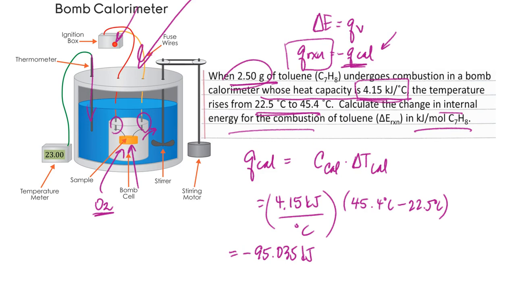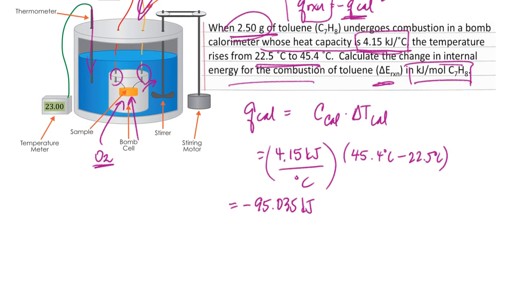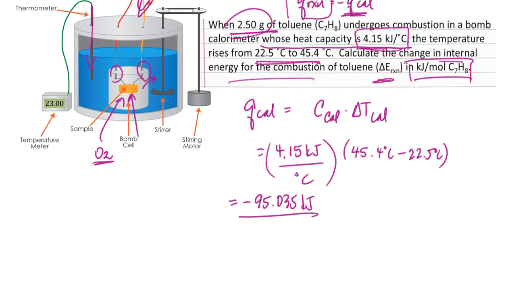and I'm asked for the change in internal energy in kilojoules per mole of toluene. So these 95.035 kilojoules of heat were given off from 2.5 grams of toluene. If I want to convert this change in internal energy to moles, then I would have to use the molar mass for toluene.